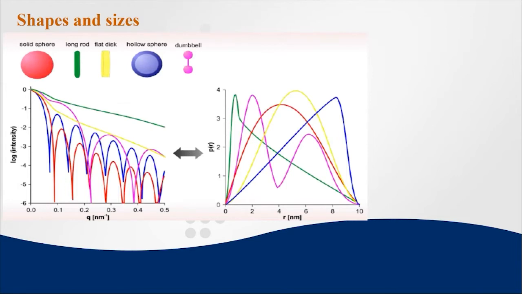Normally for functionalized materials, we have our core, which is a metal, and the shell would be the stabilizing agent of choice we've used. And depending on the metals that we're using, if we're using polymers or graphene oxides, we'll get structures like long rods, flat discs or hollow spheres, depending on what we are producing. But when we're talking about the dumbbell, it means that we are combining two materials.